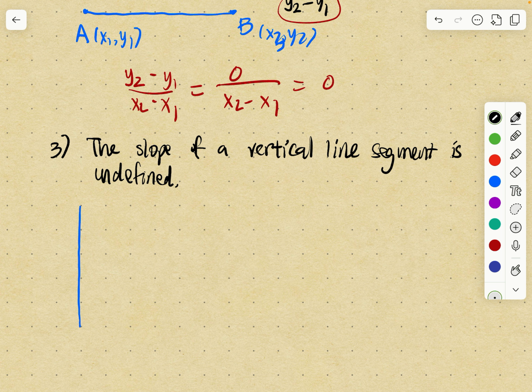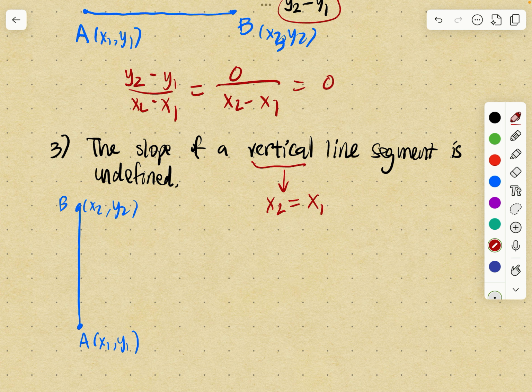Well, what happens if you call, say, this point x1, y1, and that point x2, y2? Since it's vertical, what does that tell you about x2 and x1? They're the same, right? Vertical tells you that x2 is equal to x1.